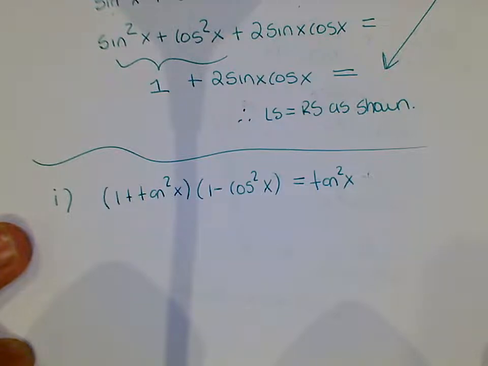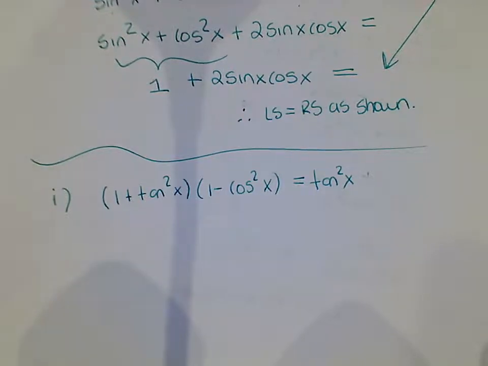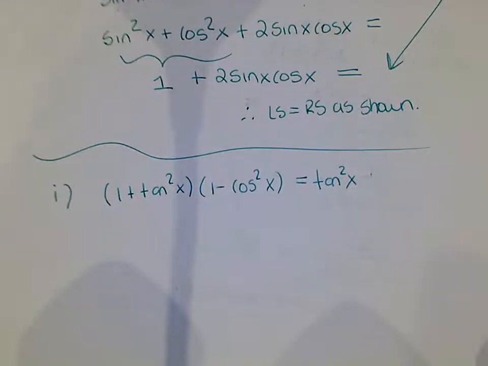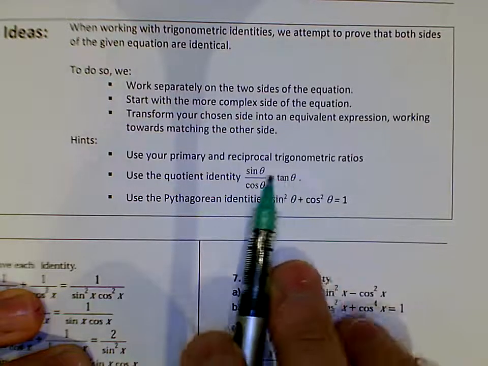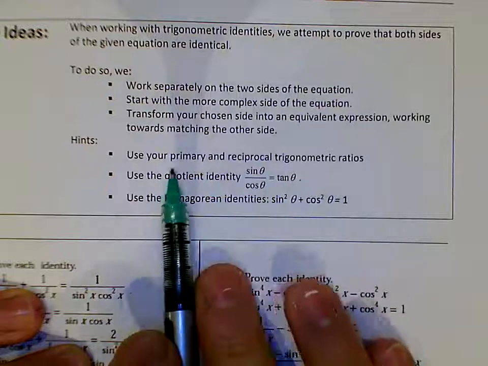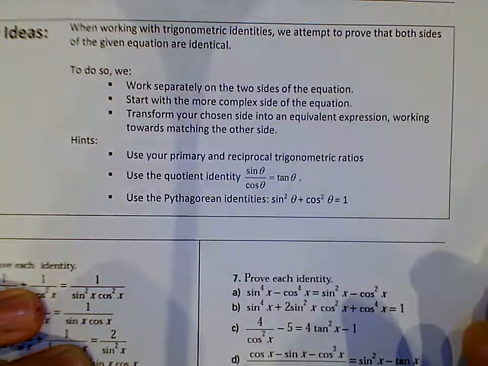I can't teach you how to do every single identity because the procedure you implement is different. The only thing to guide and inform your process is these hints here. So using our identity, using the quotient identity, which we haven't had to use yet, primary trig ratios.